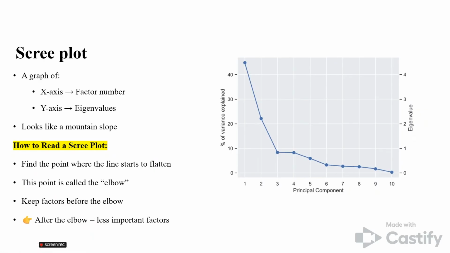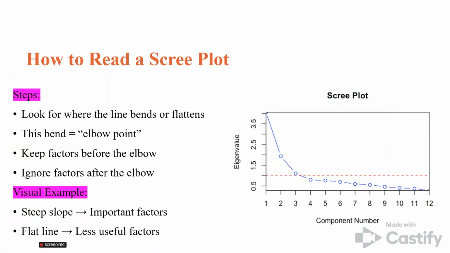So this is example number one. Talking about example number two, we have to look where the line bends or flattens. Here the exact value is 1. Whenever we draw a straight line over here, the values before the elbow point should be considered.